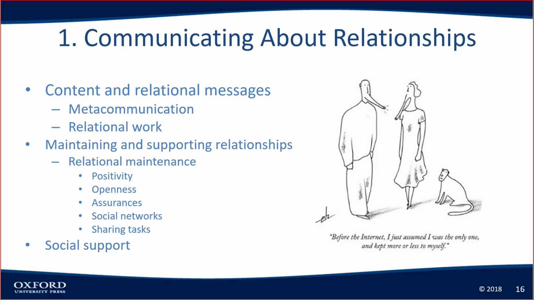Sharing tasks, helping each other with chores or obligations. And again, social support is about helping during challenging times, providing emotional support, allowing space, whatever the resources that are necessary. It's really important that we understand these relational maintenance points in order to keep our relationships successful.